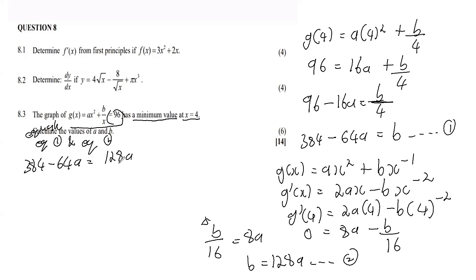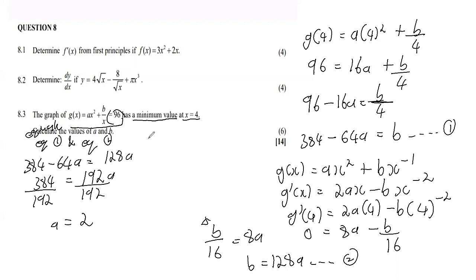Now we can take the -64 over to this side. That's 384 is equals to 128 plus 64, that's 192a. And then if we divide both sides by 192, our a becomes 2.